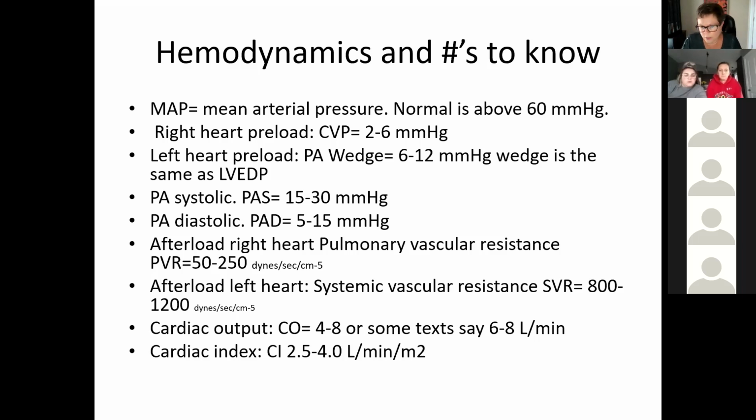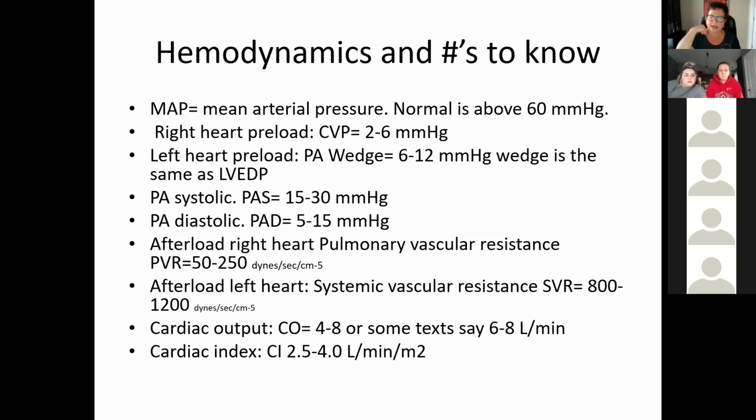And then cardiac output, 4 to 8 or 6 to 8 liters, depending on the reference you might use. But more importantly is cardiac index. Index takes into account your patient's height and weight, and then adjusts that to your cardiac output.